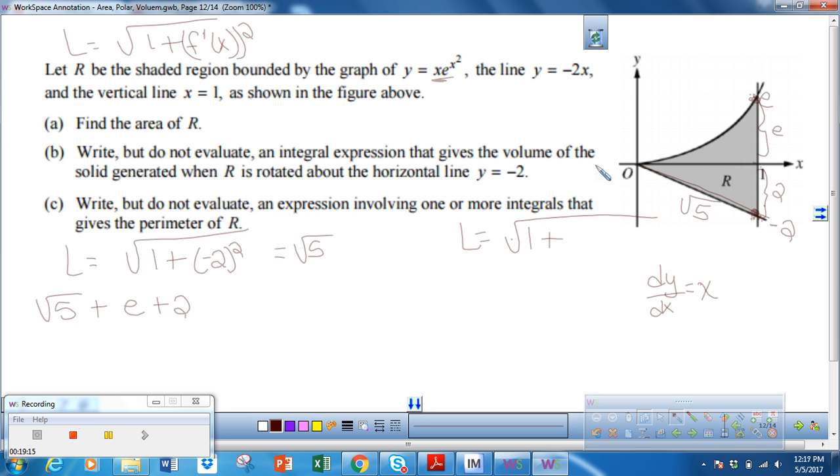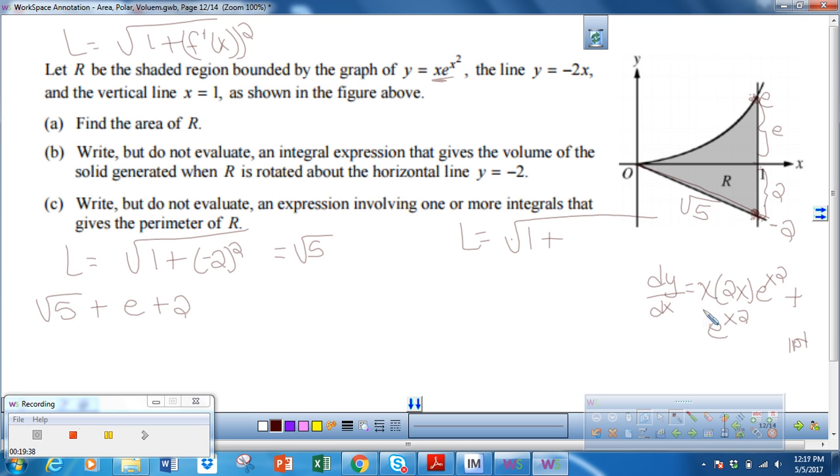So I keep x the same. The derivative of e to the x squared is 2x e to the x squared, plus I take the derivative of x, which is 1, and then e to the x squared. So that's the derivative. You got 1 point for finding that derivative.